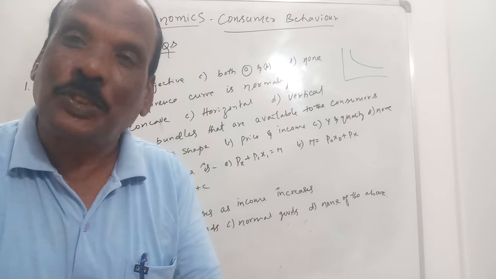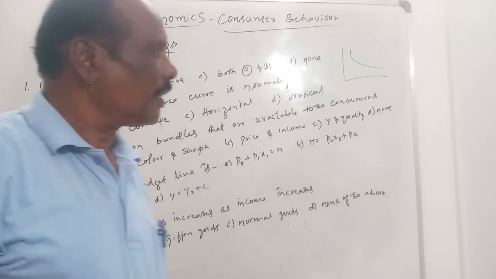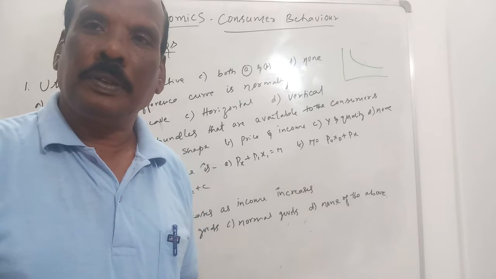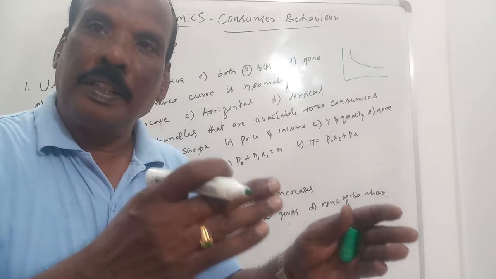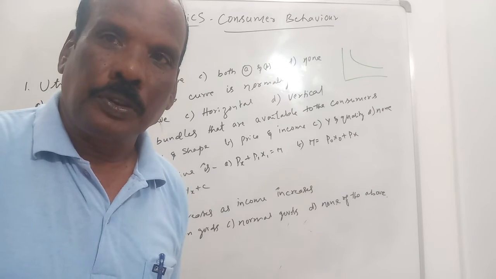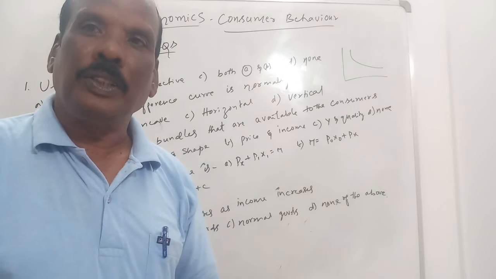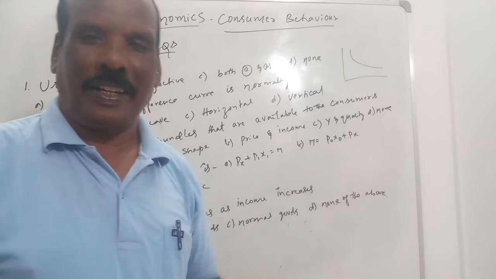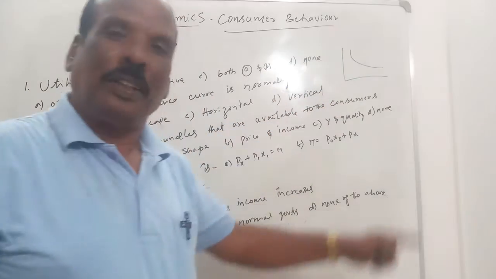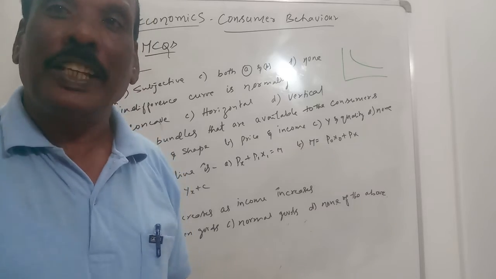It is convex to the origin. It is convex to the origin because of the application of diminishing rate of substitution. When you use more of one commodity, you will have to forego the other commodity. That's why the indifference curve is convex to the origin.